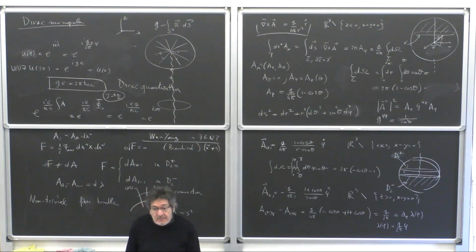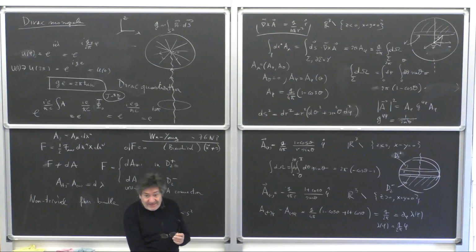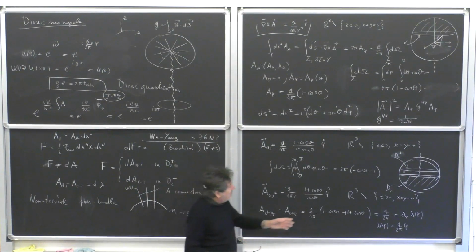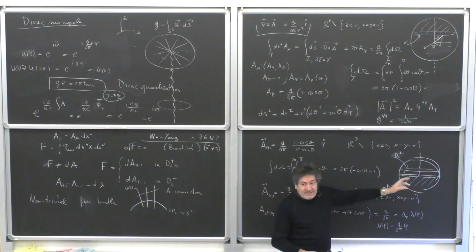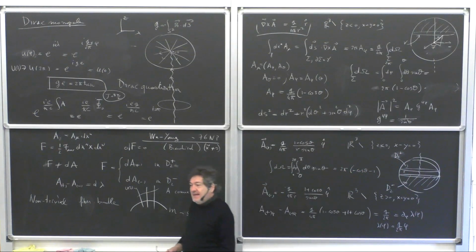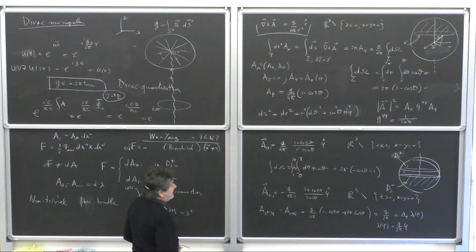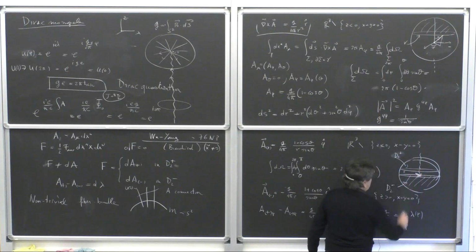Yes, please. If I understand correctly, here the gauge field doesn't describe the string, right? No. It's only the magnetic monopole. Yes, the string is put under the carpet, okay? Because in one patch you put a string on the opposite part, and in the other patch you put it on the other. So you don't speak about the string, okay? So in the end, the only singularity that is really important is in the center. This is the only singularity.